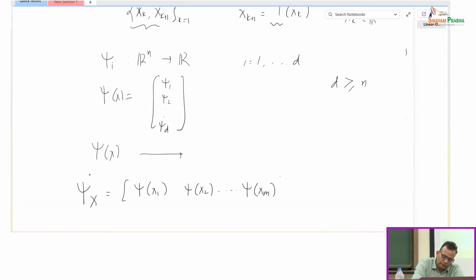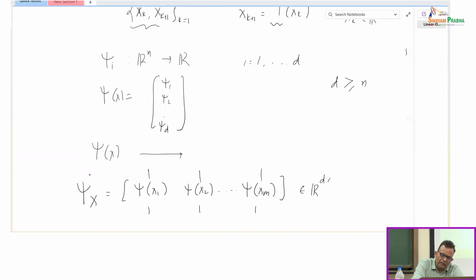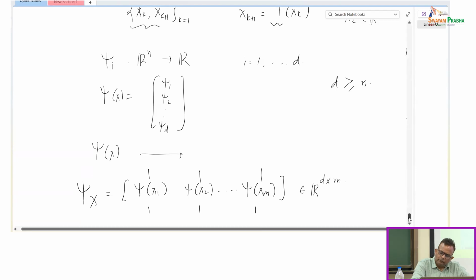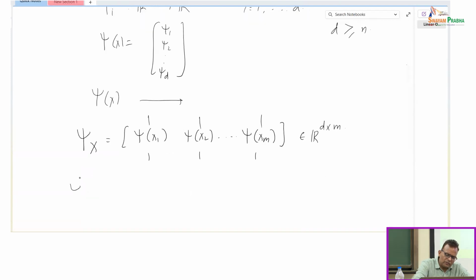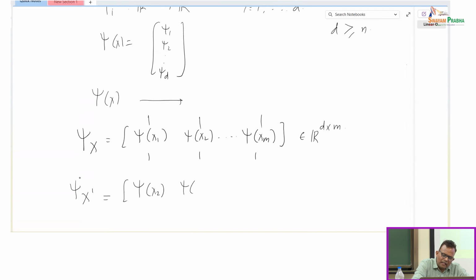Each of the psi are vectors, right? So this will be a matrix in R^(D cross m). And similarly, you can construct psi of x prime. That will be psi of x2, you just do a delay, psi of x3, up to psi of xm plus 1.